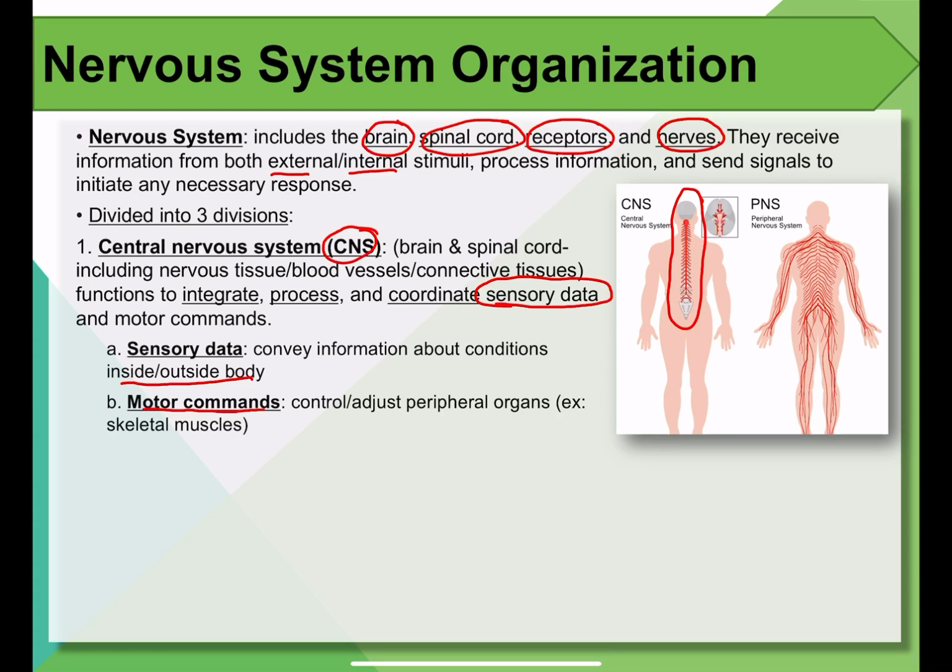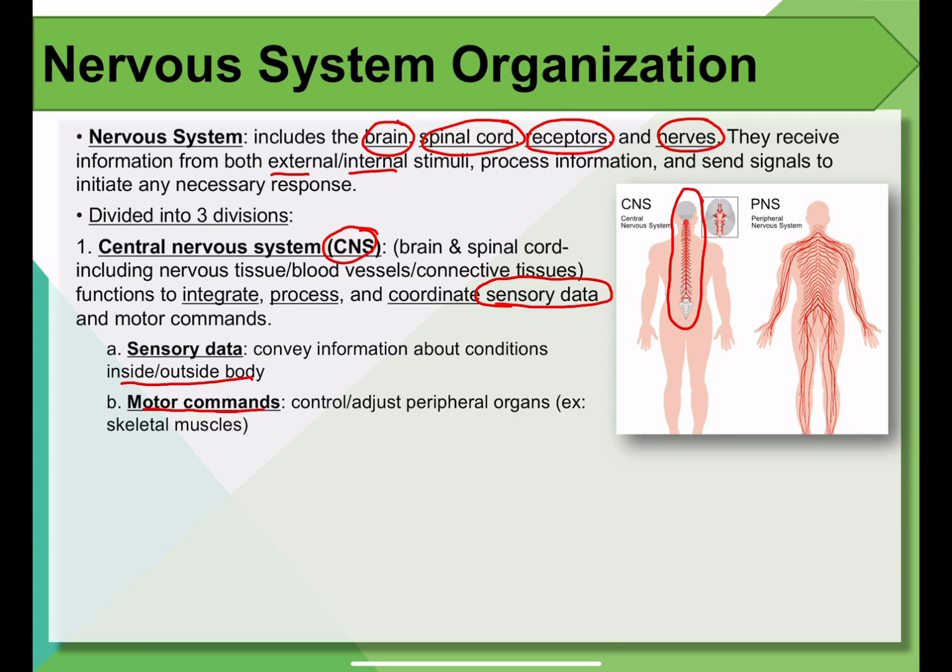So that's what we mean by motor commands: controlling or adjusting your peripheral organs as the effector tissues. If you remember from our homeostasis mechanism, we talked about receptor, control center, and effector. So this is the information that's coming in to the central nervous system and going out of the central nervous system.